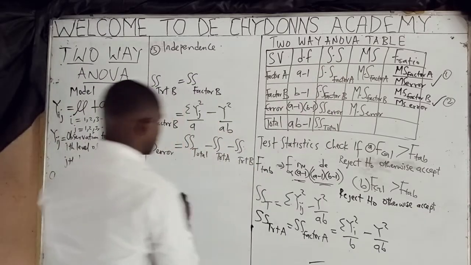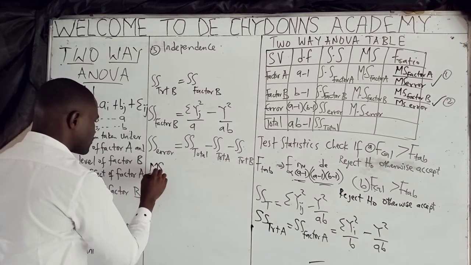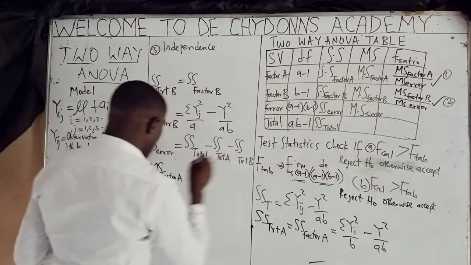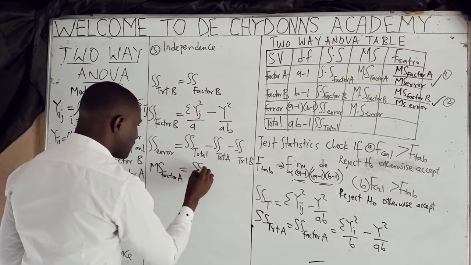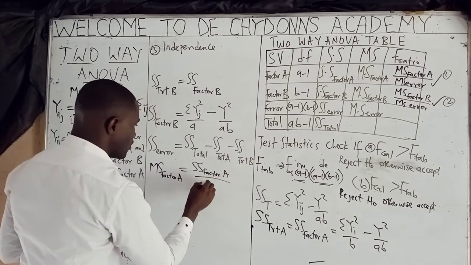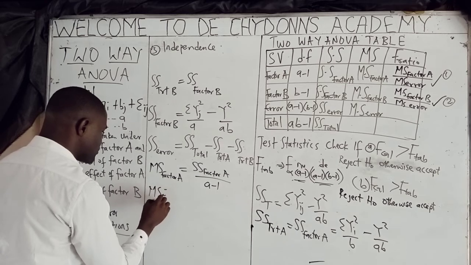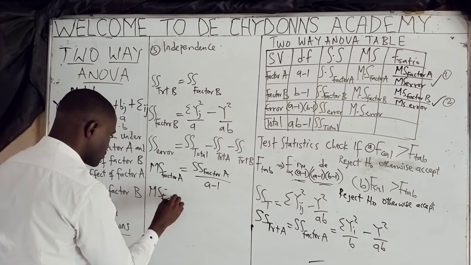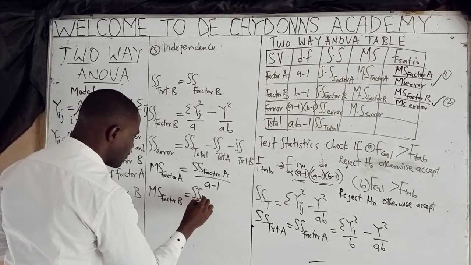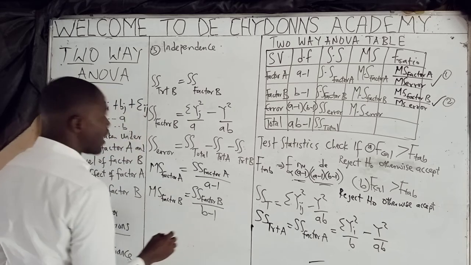Say, okay, what is my MS factor A? MS factor A in my table is equal to SS factor A all over A minus 1. Then MS factor B is equal to SS factor B all over B minus 1.